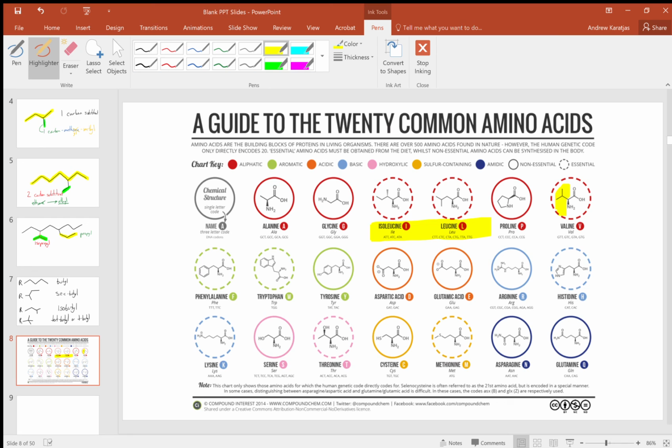So why do I say it's unfortunate? Well, leucine has an isobutyl group as its R group, whereas isoleucine actually has a sec-butyl group.